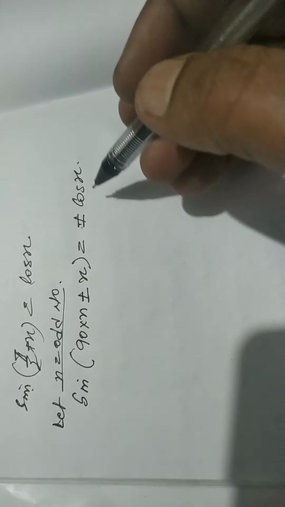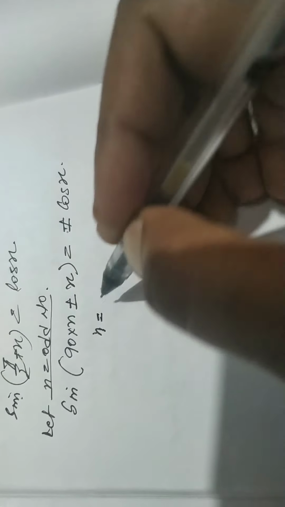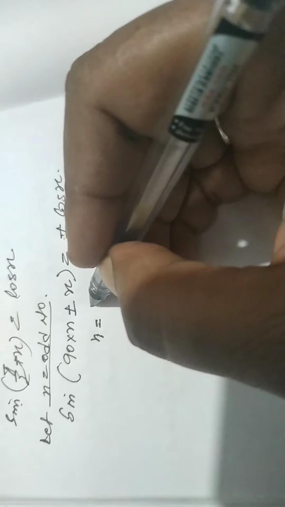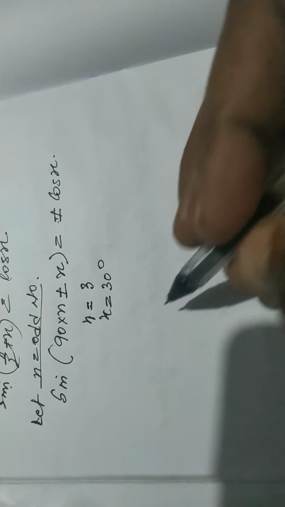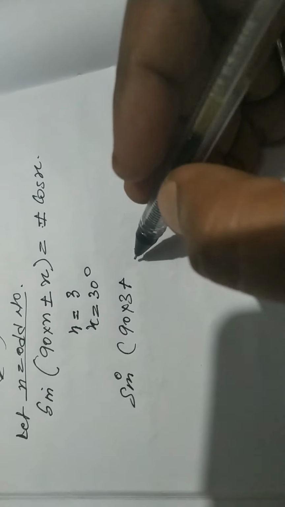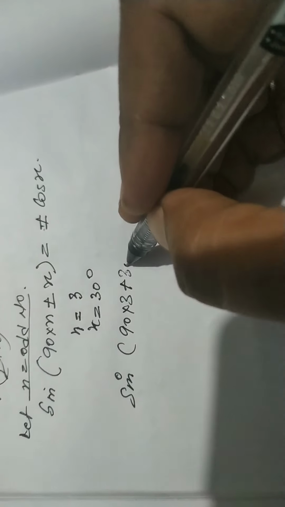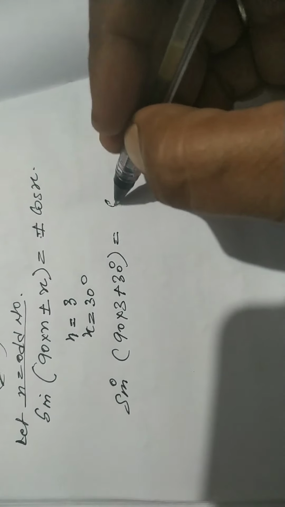For example, if n is equal to 3 and x is equal to 30 degrees, then sin(90 × 3 + 30°) is equal to cos 30°.